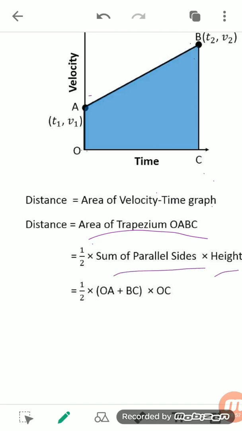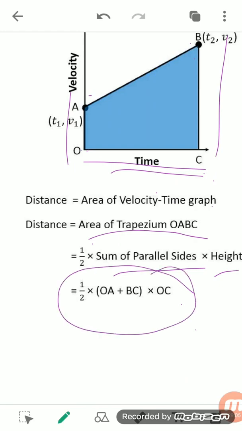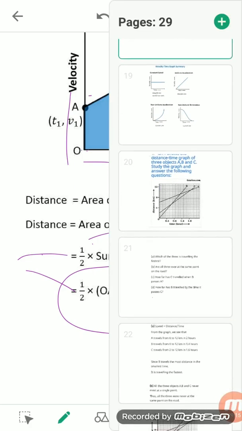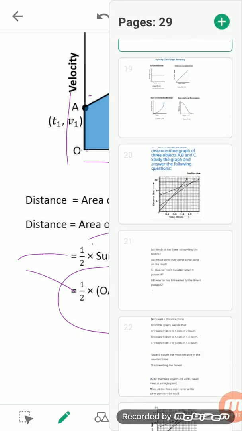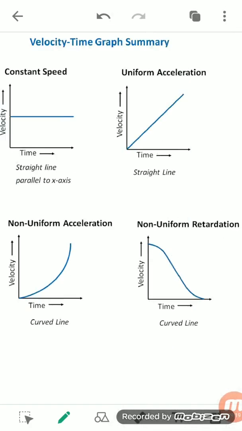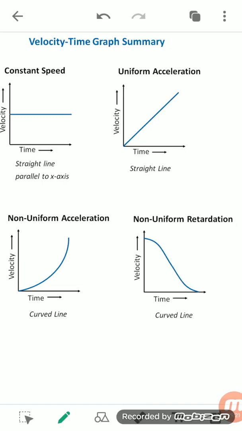The sum of the parallel sides is OA plus BC, and this OC is the height. If we are able to find the area of this, that will be equal to the distance traveled by the body. Now see here, this is the summary of the velocity time graph.